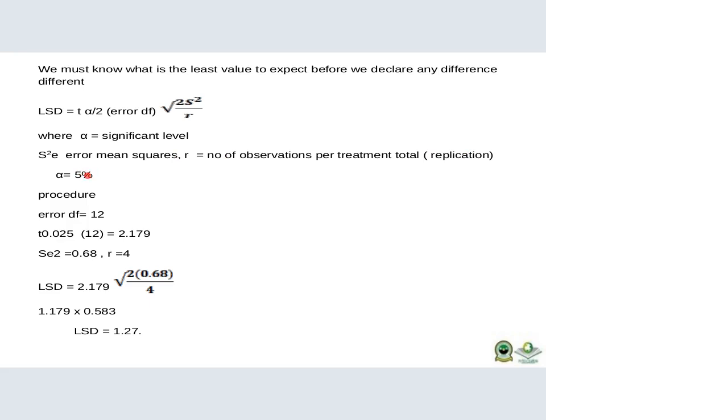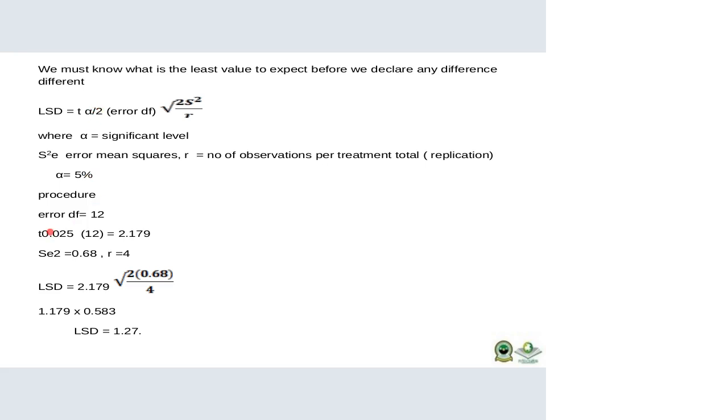The alpha is 5%. The procedure is to get all the values and substitute them here to get our least significant difference. The error degree of freedom we have already gotten to be 12 in the randomized RCBD design.